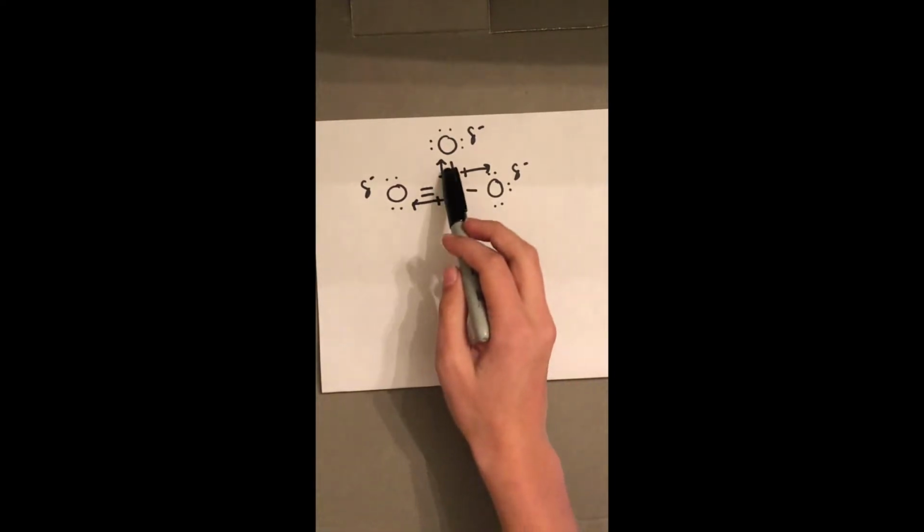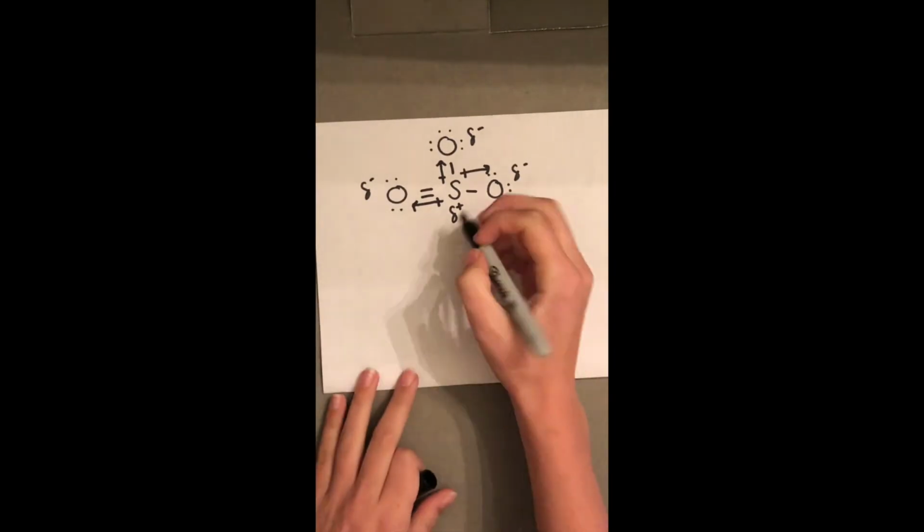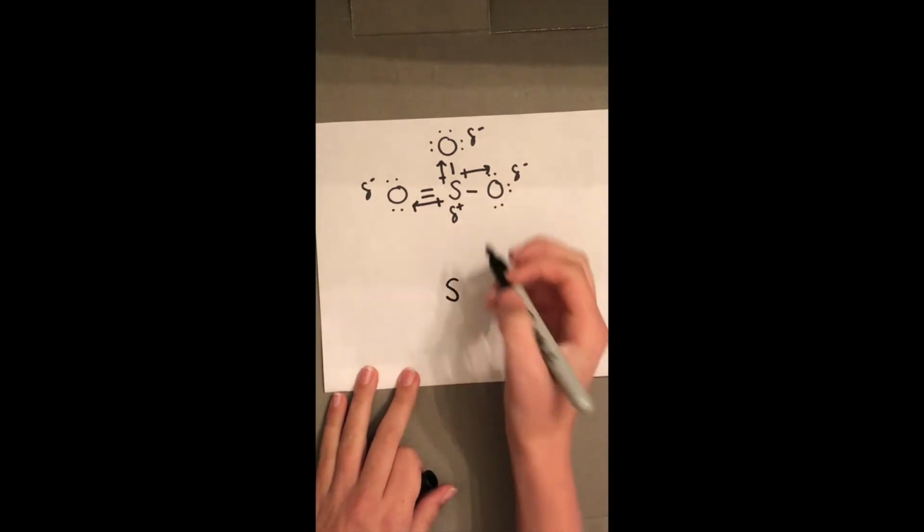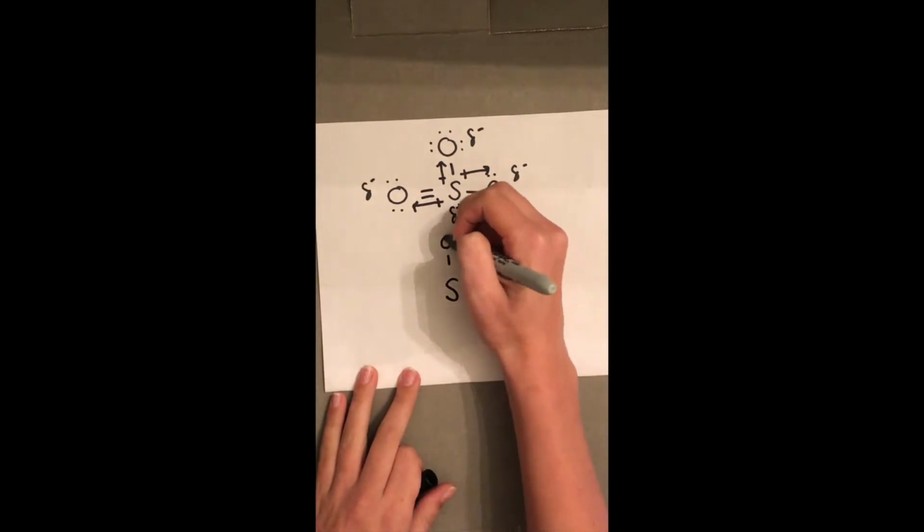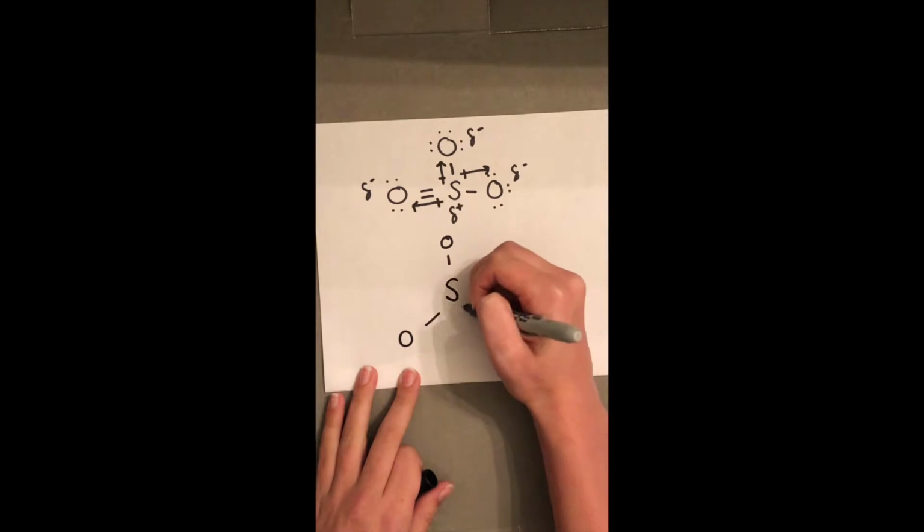So now we need to find the molecular geometry of this molecule. This has 3 domains, so it's trigonal planar, and since it has no non-bonding pairs, its molecular geometry is also trigonal planar. When we draw that, we have S here, we have an O, and then we have an O here, and an O here.